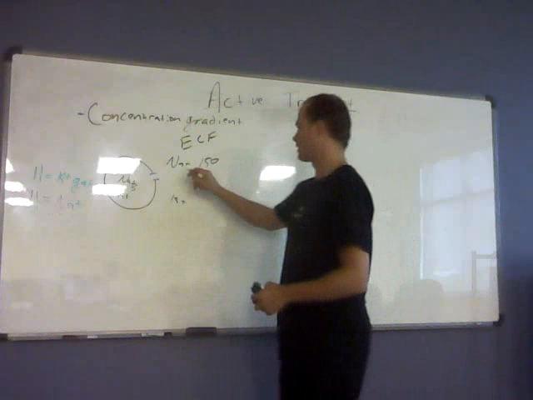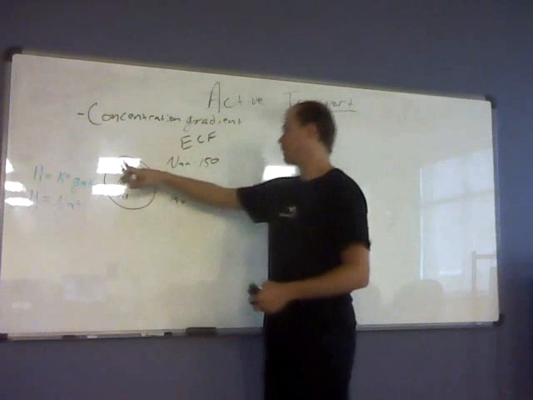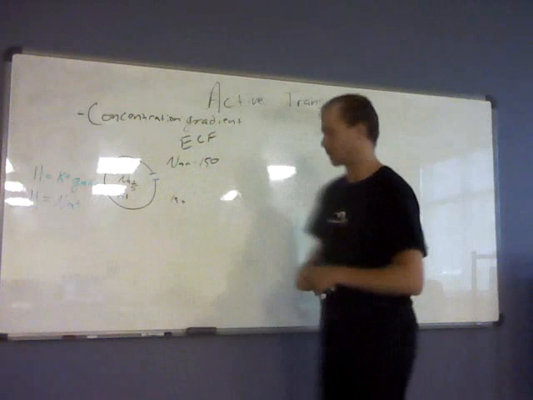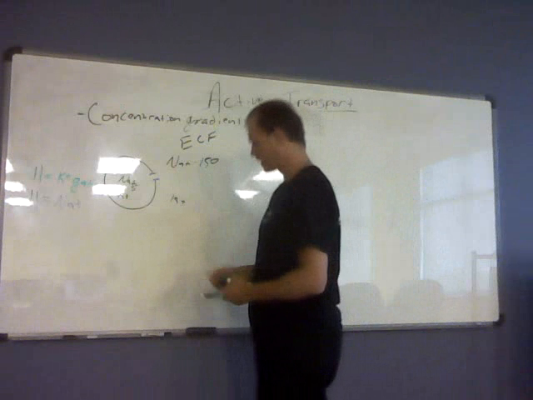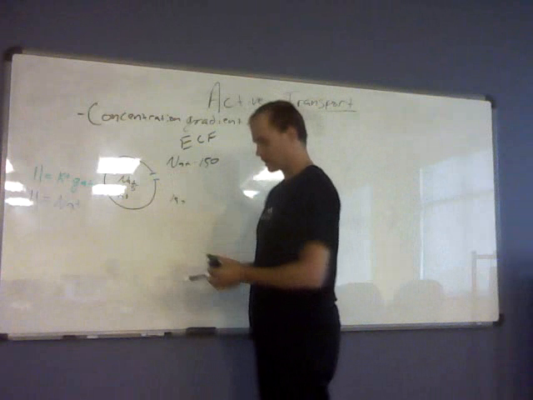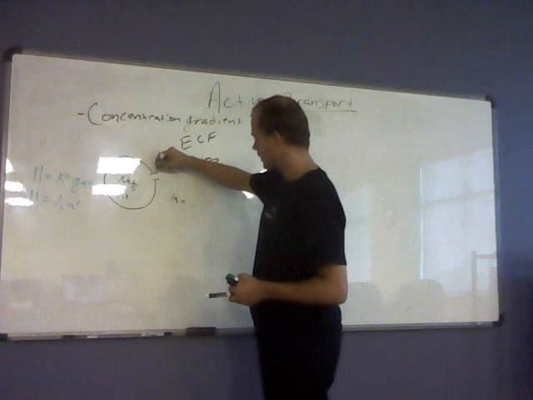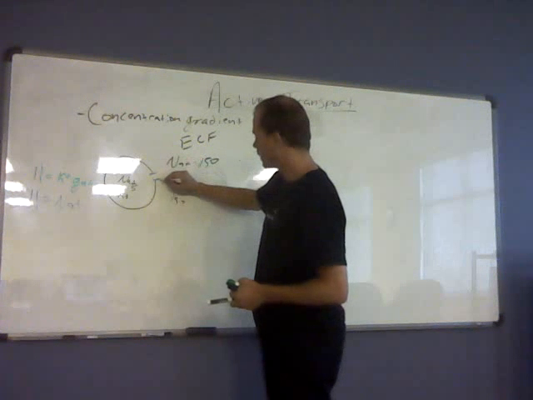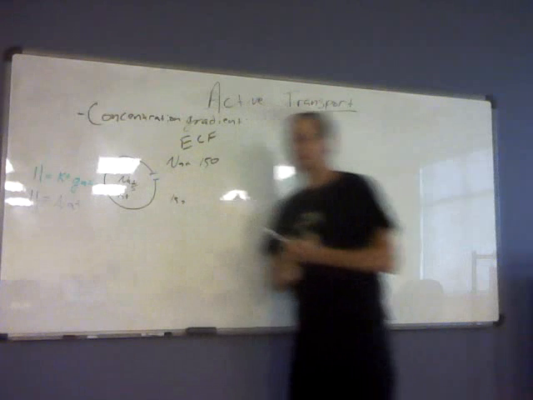There's a difference in the amount of sodium between the outside fluid environment of the cell versus the inside fluid environment. So now all we have to do is take this sodium-specific gate and, through whatever mechanism we use, stimulate this gate to pop open. If this gate opens, sodium is going to pass through it.